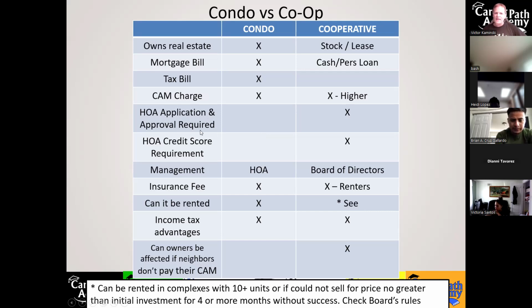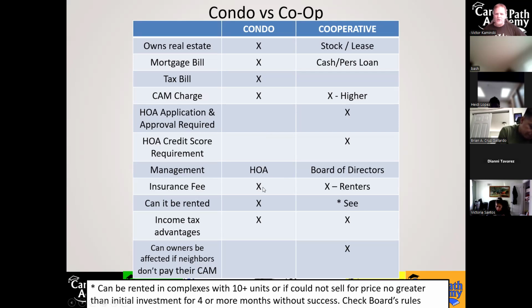An HOA application is required for approval to buy into the complex, not with condos, but with co-ops. Minimum credit scores may be required, not with condos, but with co-ops. The management is a homeowners association with condominiums and a board of directors in a cooperative.